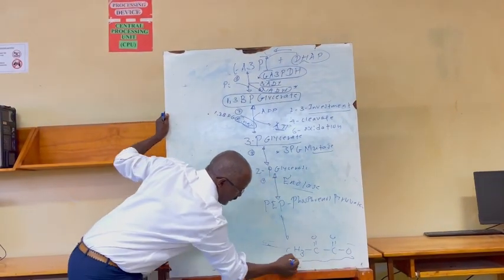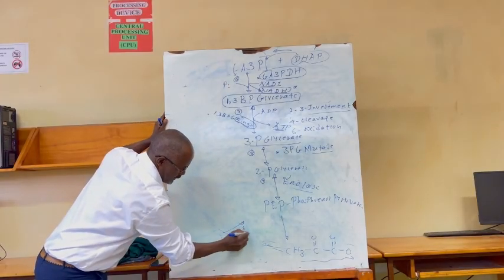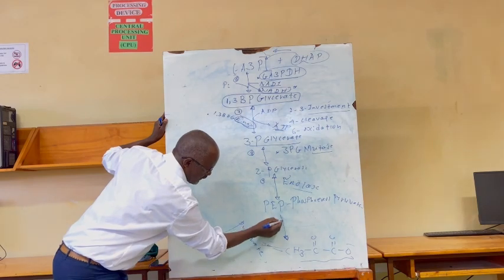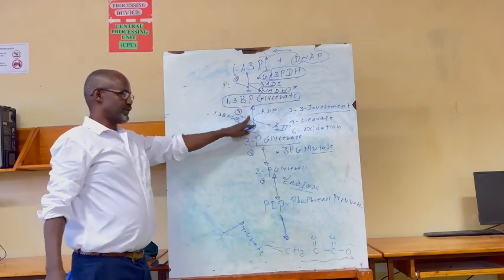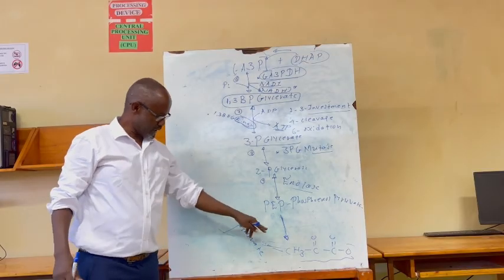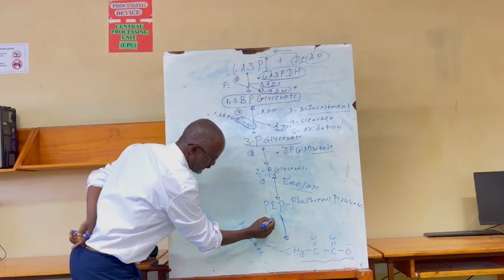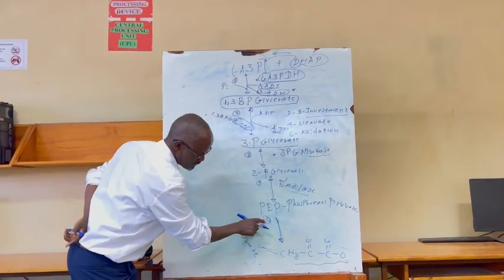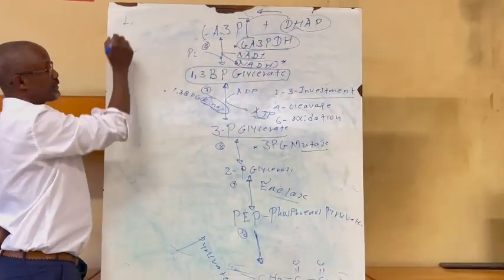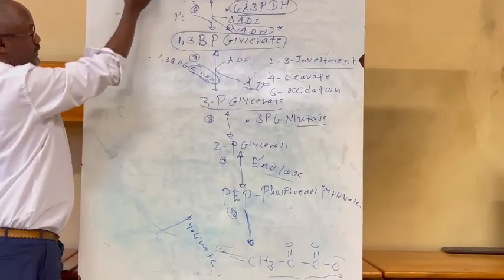This is the molecule known as pyruvate. This is rather the irreversible step. Sorry for my mistake. This is not reversible, irreversible. The other irreversible step is step 10. Therefore, step 1, irreversible, step 3, irreversible, step 10.